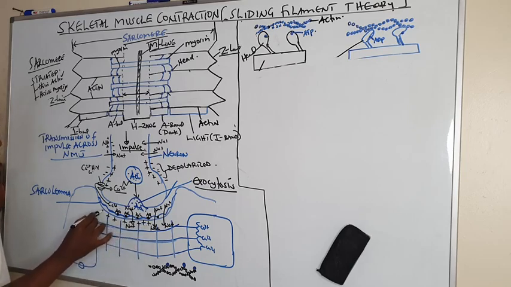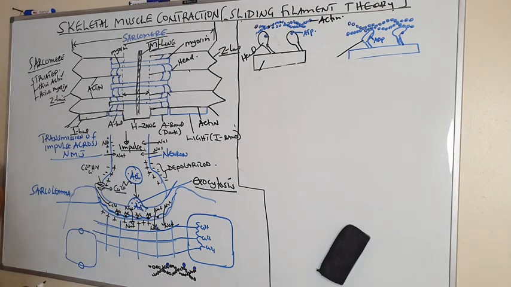That is what we call depolarization. And when it sums up to reach a threshold value, it is going to fire an action potential, which we abbreviate as AP.